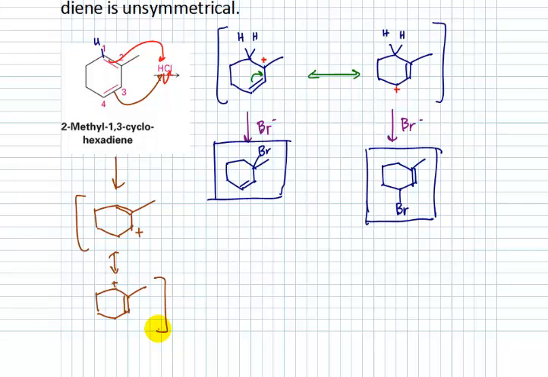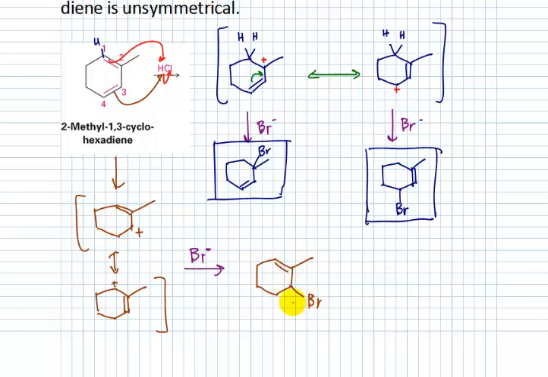So both of these will yield, right? Since these are essentially the same thing by symmetry, they'll just yield only one additional product. This one right here, and I'll just take the first one there.